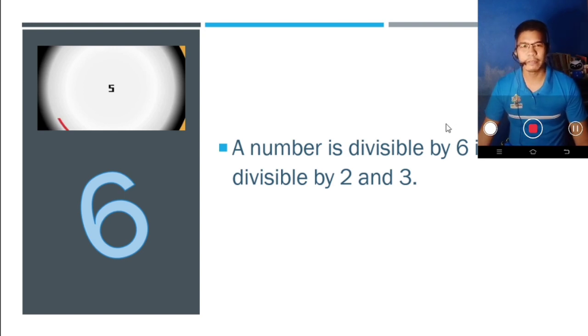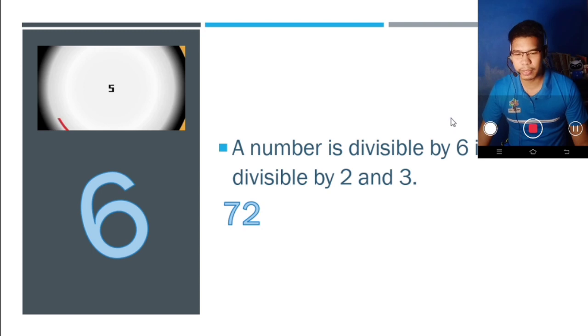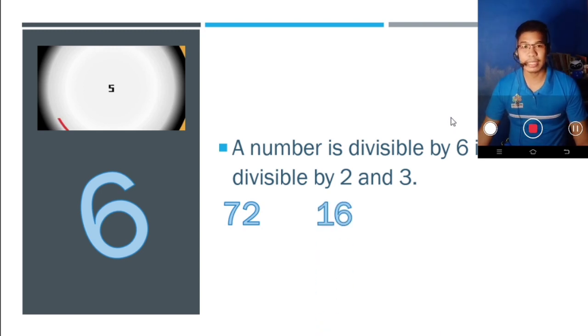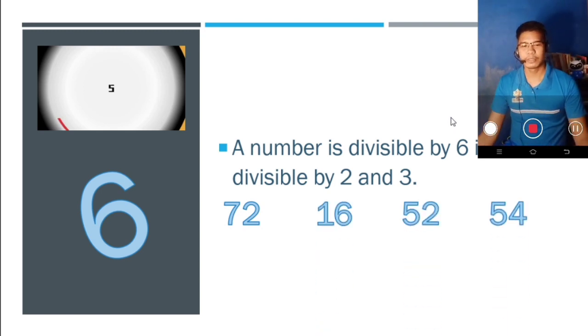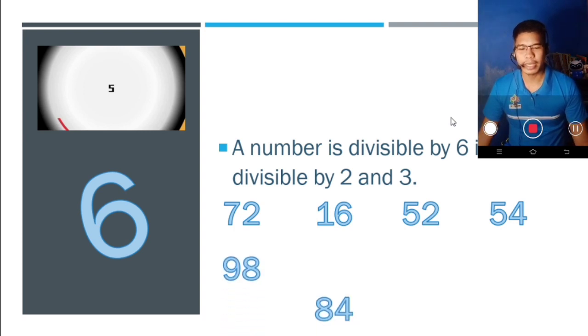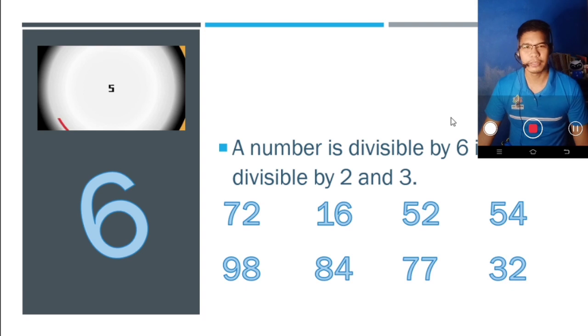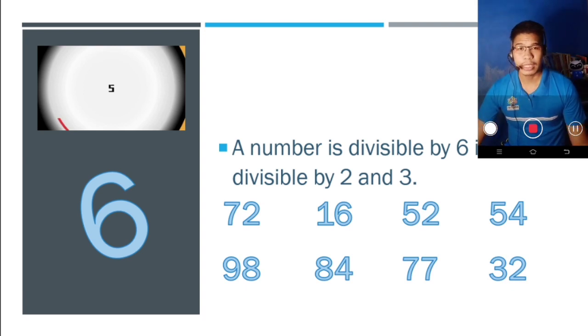Let's observe these following numbers: 72, 16, 52, 54, 98, 84, 77, and 32. I'll give you time to observe first. Please take note, the number must satisfy both divisibility rules, for 2 and 3, for us to say that the number is divisible by 6.